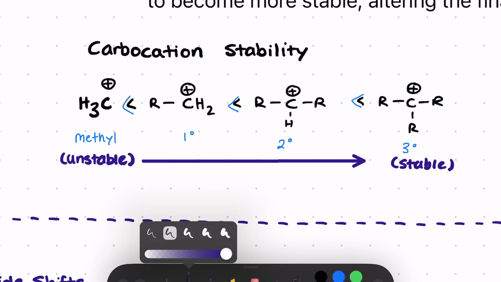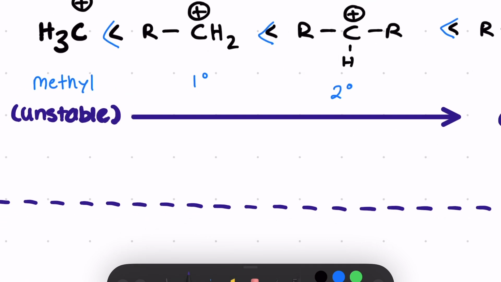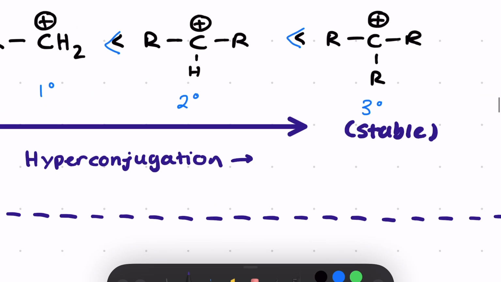And we have a term for this. We call it hyperconjugation. And this is precisely this exact phenomenon, that more alkyl groups equals more stability.